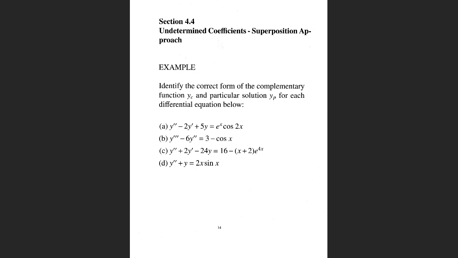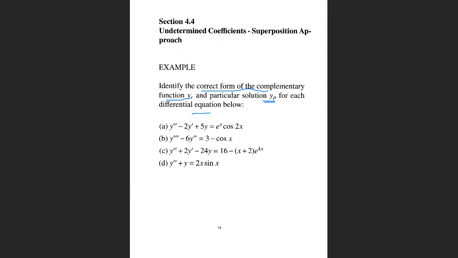All right, Christopher, it'll be on the recording. Thank you for letting me know. We want to identify the correct form of a complementary function and then a particular solution for each differential equation below. Okay, so take a moment to copy this down.